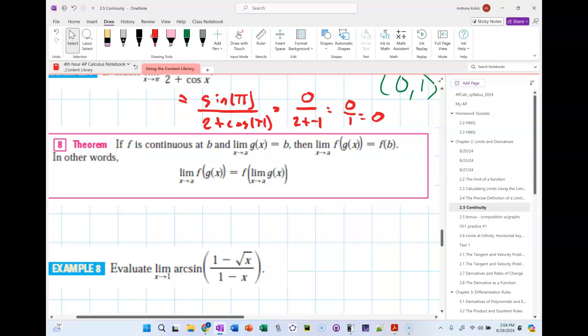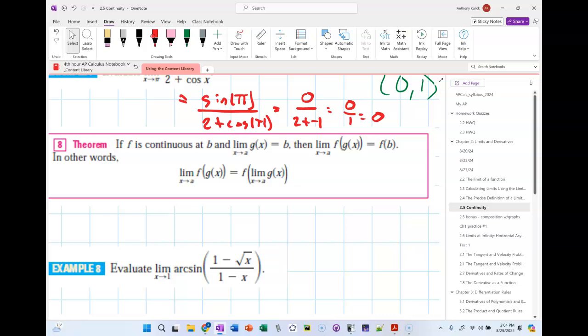Next up. This is an incredibly useful theorem. It allows you to do limits of compositions using direct substitution. We do have to be careful about this, though.